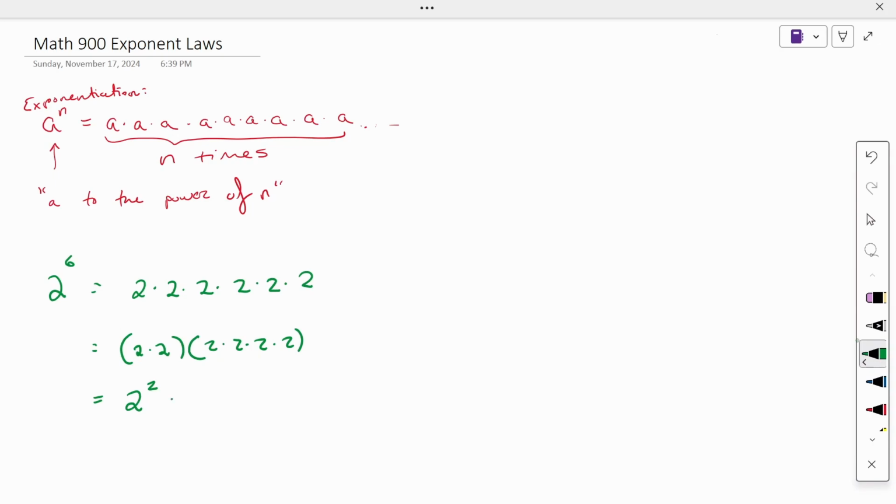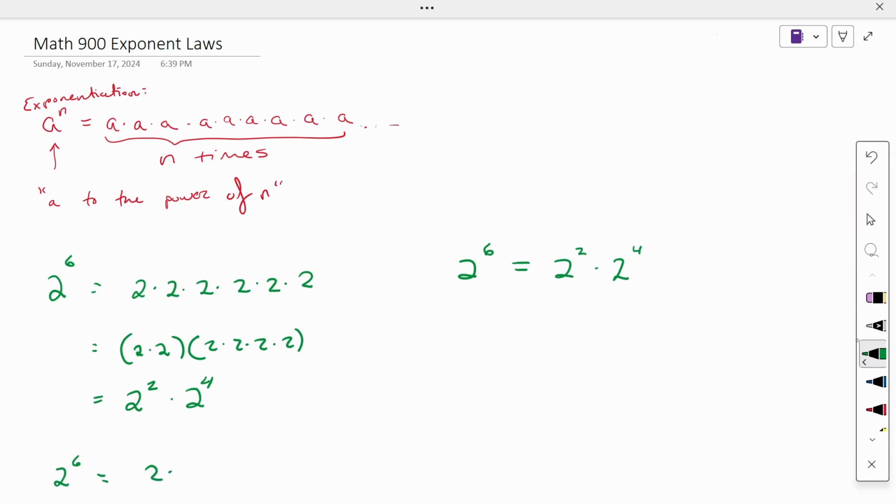And by the definition of exponentiation, I may rewrite 2 multiplied by itself 4 times as 2 raised to the 4th. So now I have the following relationship. I can say, without equivocation, without any level of uncertainty, that 2 raised to the 6th power is the same thing as 2 to the 2nd times 2 to the 4th.